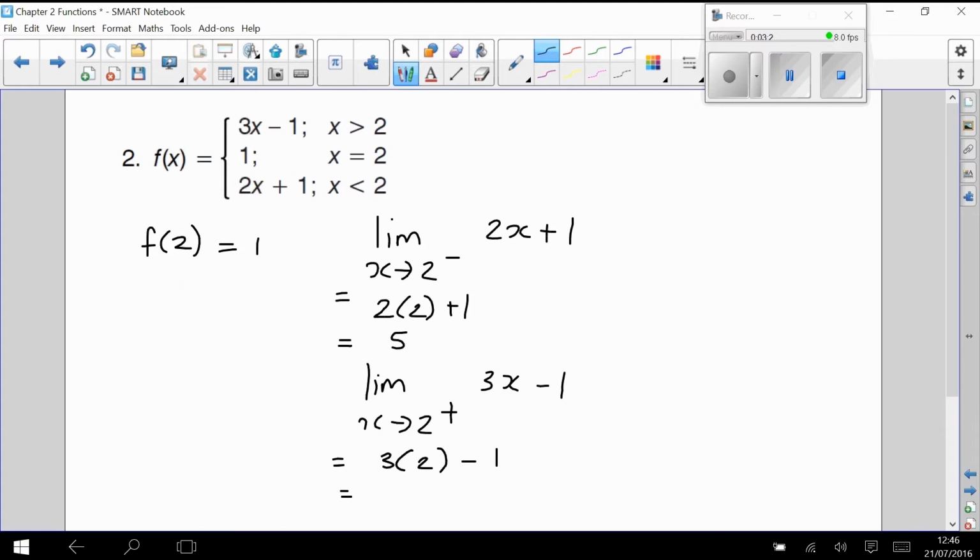That is very nicely the same height that I reached as I tended towards the value of x is equal to 2 from the left. In other words, the limit, which is the height that I tended towards from the left or from the right, is going to be a height of 5. As the height is the same, but it is not equal to f at 2, there is a removable discontinuity at x is equal to 2.